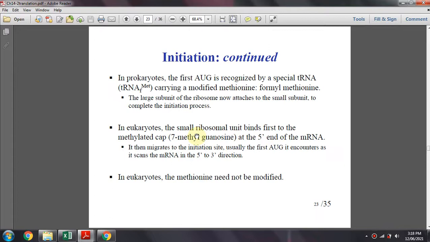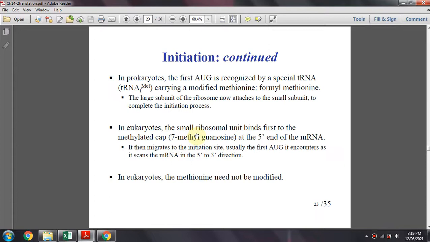F-MET tRNA. Okay, once the smaller subunit binds, then it scans for start codon, and then initiator tRNA, that is the one charged with formyl methionine, binds. Then the larger subunit attaches to the smaller subunit to complete initiation process.